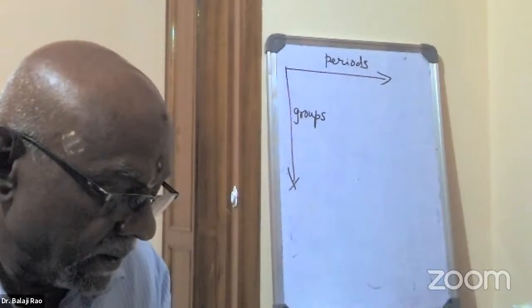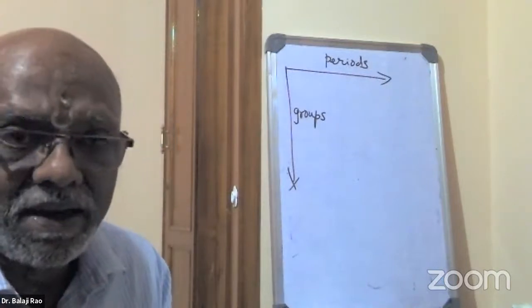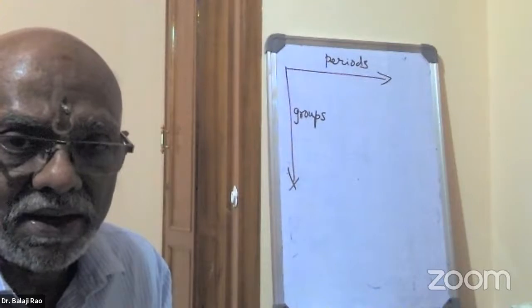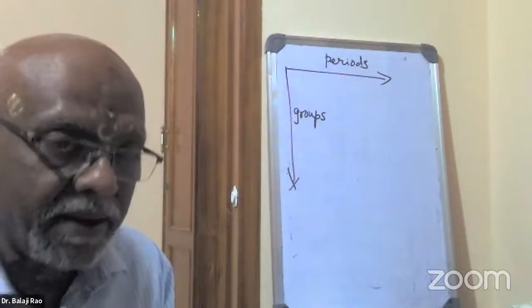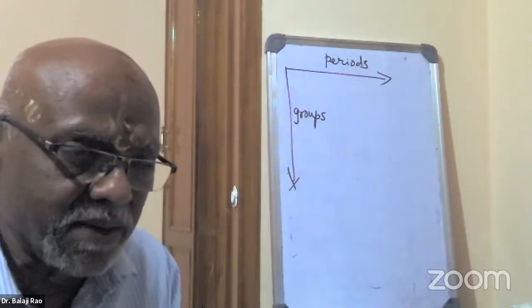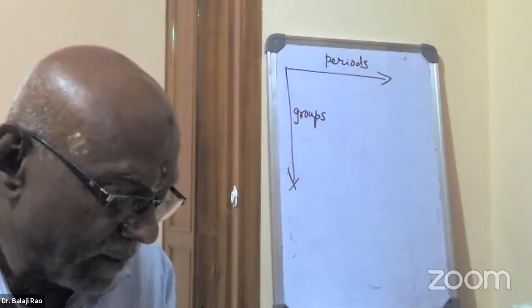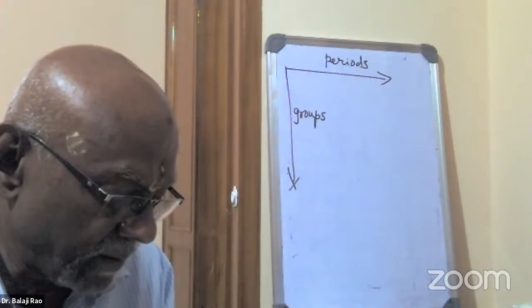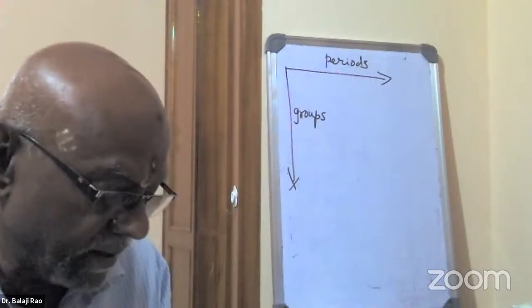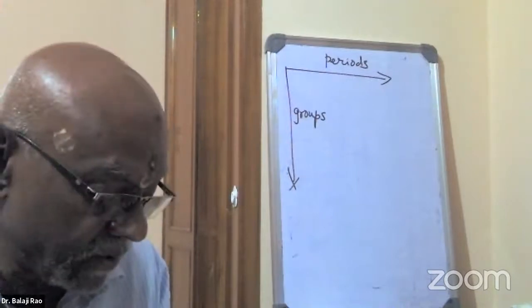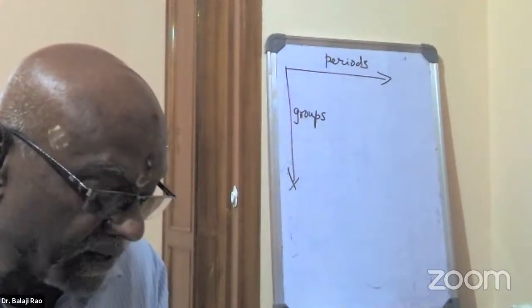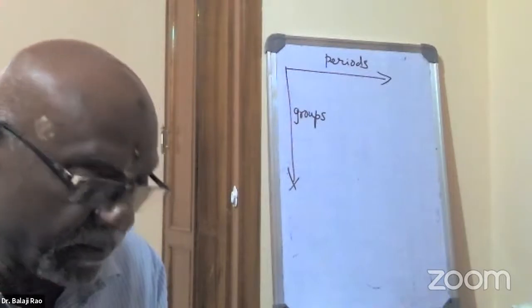Eka in Sanskrit is one. So he had taken that and he prefixed the name with eka, eka aluminium. That means it is similar to aluminium, one above or one below aluminium, one preceding element. Then scandium, gallium, germanium, they were all discovered by this thinking.